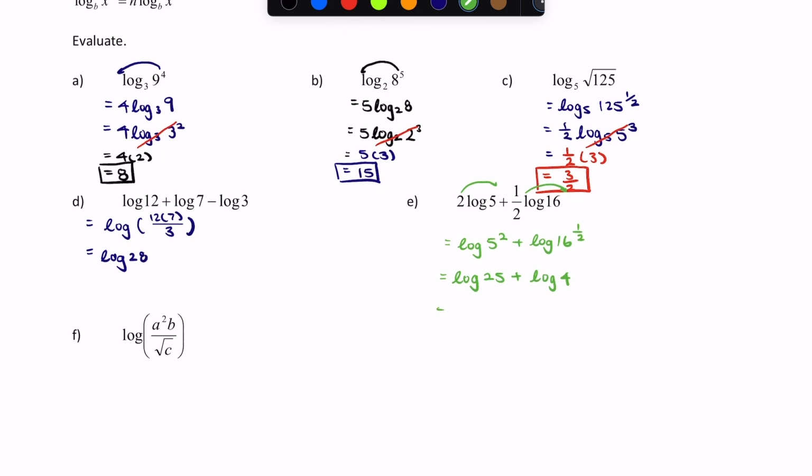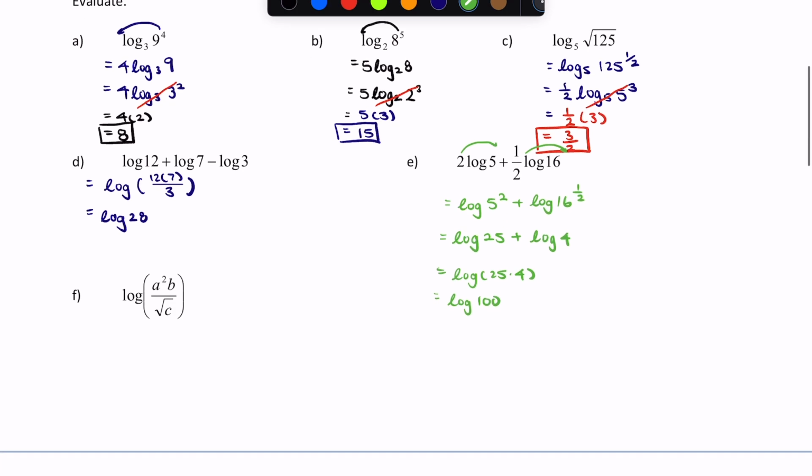Again, using our product law, it'll be log of 25 times 4, which will equal log 100. Log 100 is equal to 2.